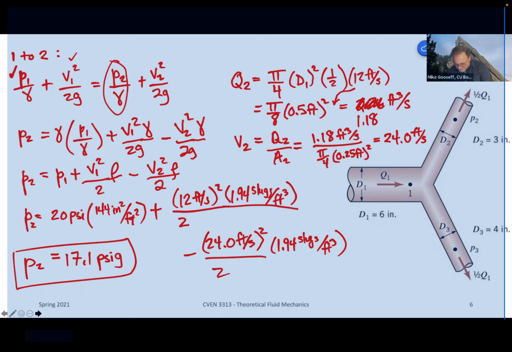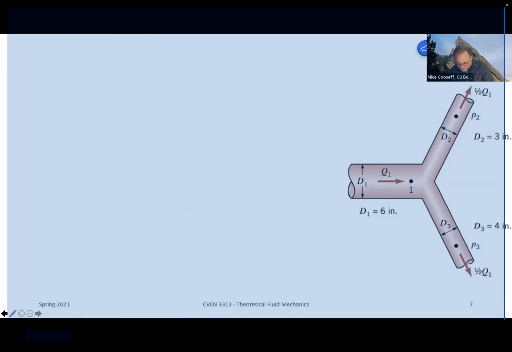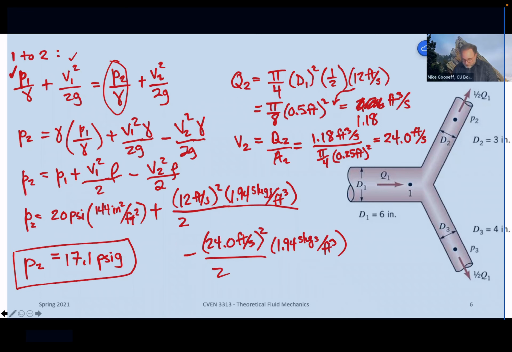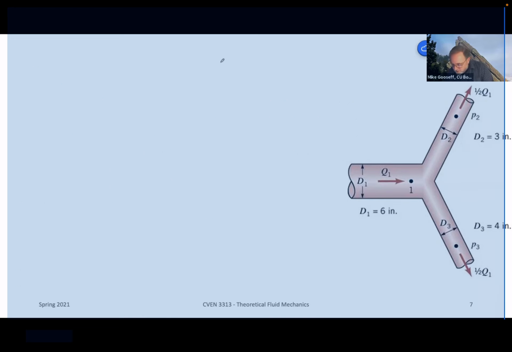Let me see. I think I did give myself another slide. All right, so let's go ahead and work this out for P3 as well. If we go through the same process, Q3 is equal to what was that same value? It was 1.18 feet cubed per second, and that's equal to A3 V3.